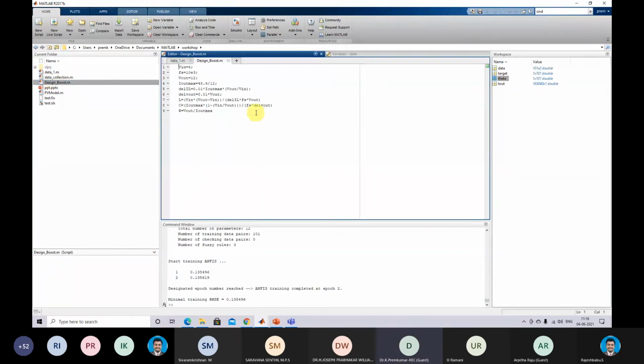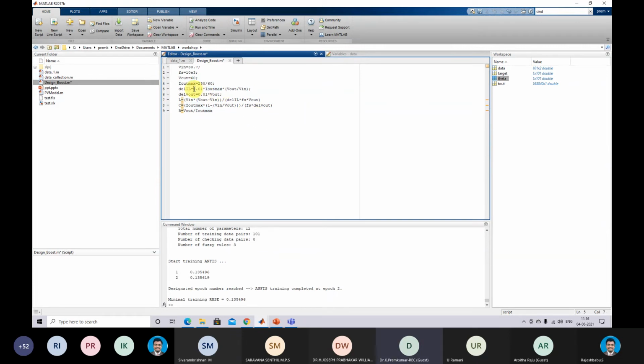So first you have to design the boost converter. You take the input voltage of the boost converter. This is the design equation for that boost converter. So you take the input voltage as 30.7, and I'm going to fix the switching frequency equal to 10 kilohertz, the output voltage equal to 60 volt, and the maximum output current will be 250 divided by 60.